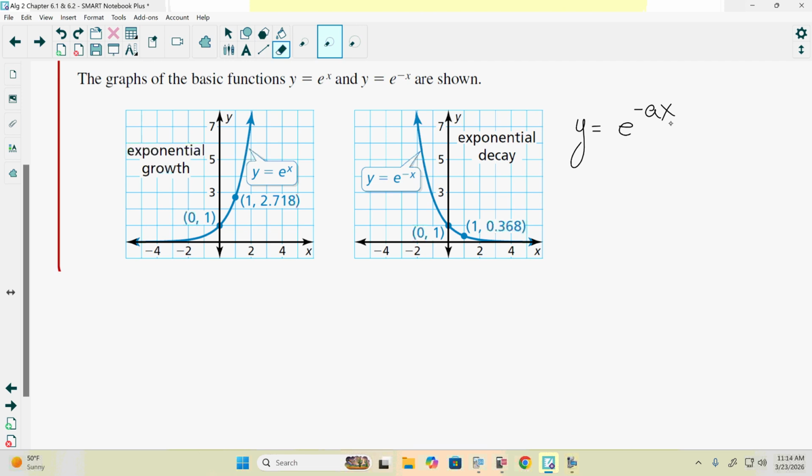But if an exponent's negative, for us to be able to make it positive, we've got to move it from the top of the fraction to the bottom. So really what they're saying is y is equal to 1 over e to the ax, or 1 over e to the x. That means that base is now between 0 and 1. It is decay.